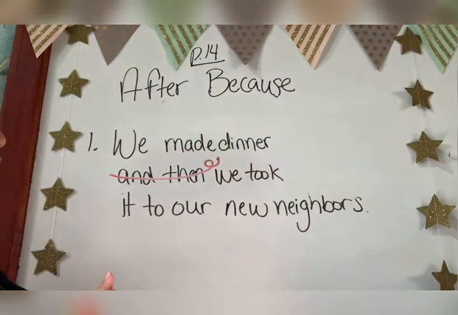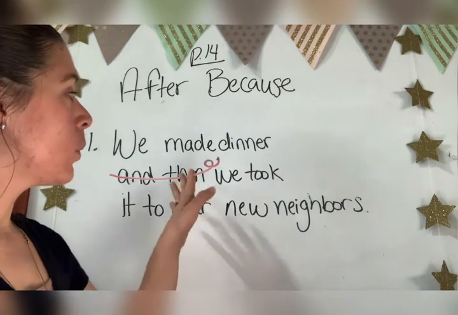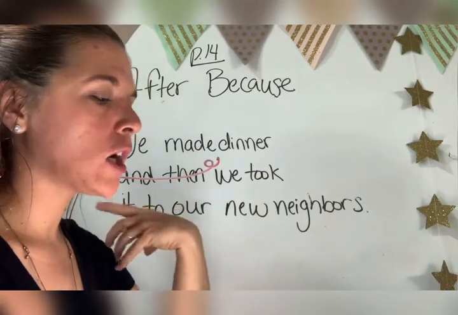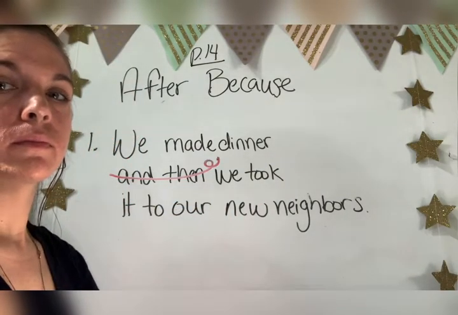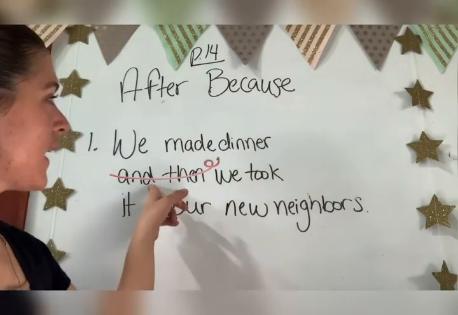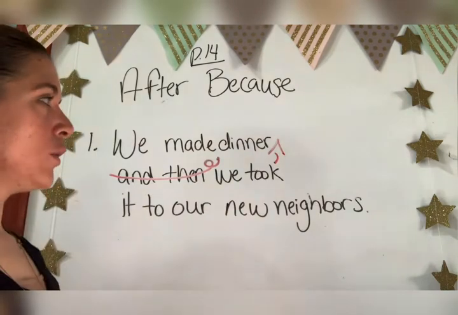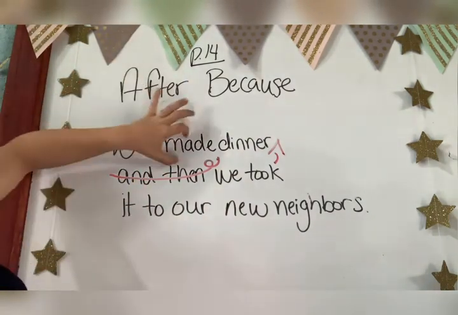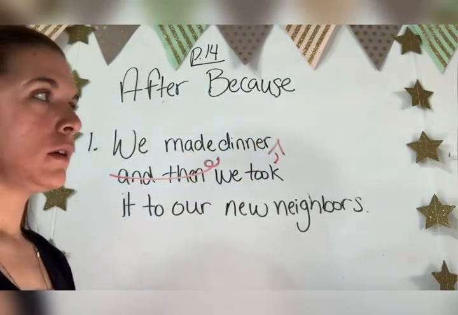Okay? So now let's try it. Okay, when we delete and then, automatically we need to put a comma somewhere. Where do you think we need to put that comma? Right before it, so after dinner. Ooh, we're getting good. Okay, here we go. So let's see. After we made dinner, we took it to our new neighbors.